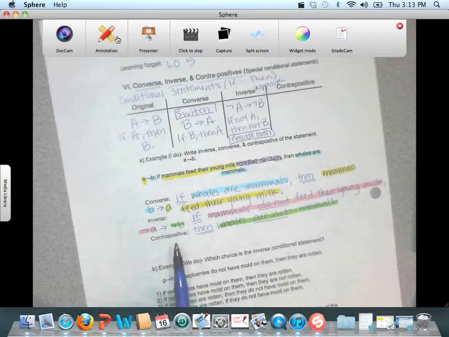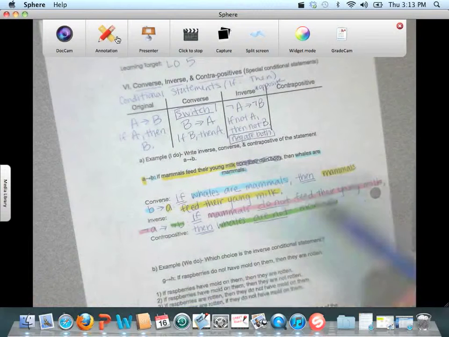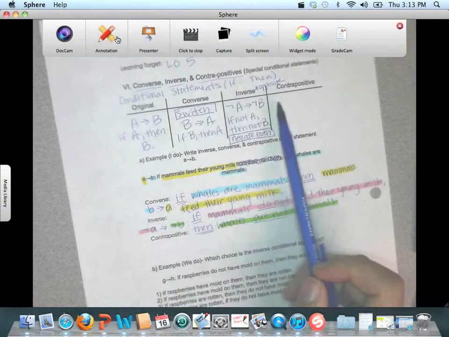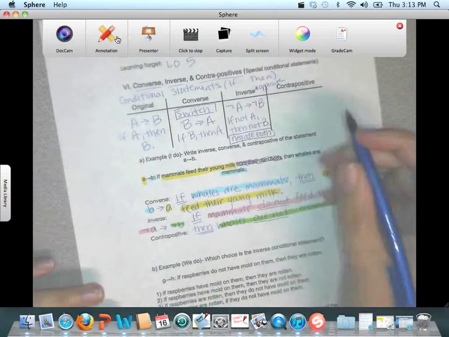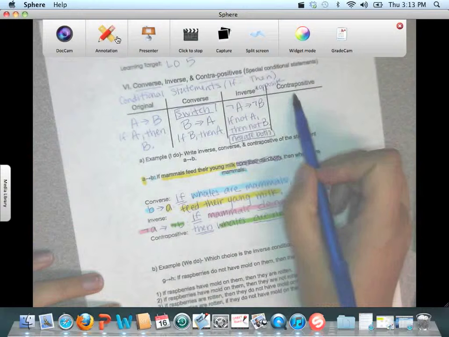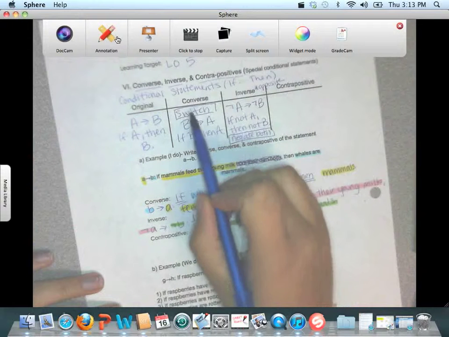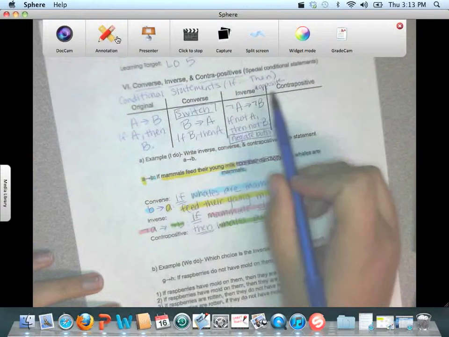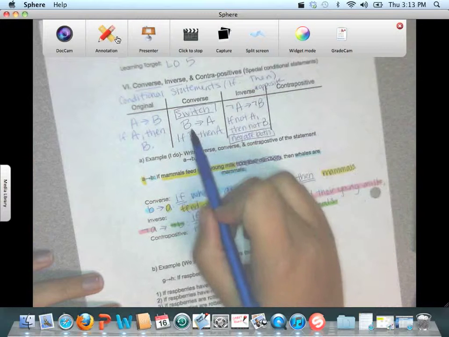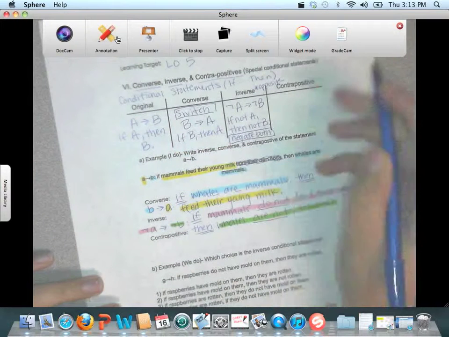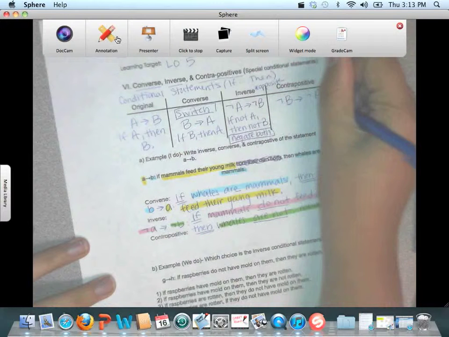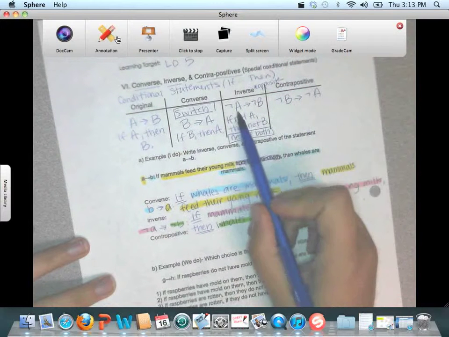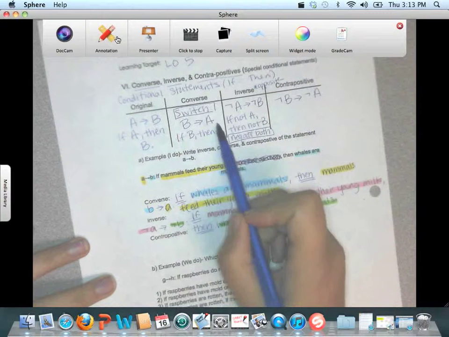Now, the contrapositive is sort of the converse and the inverse's baby. So the contrapositive is the inverse switched, or the converse negated. So it's not B, then not A. See how I switched the inverse? Or I took the converse and I added the not.